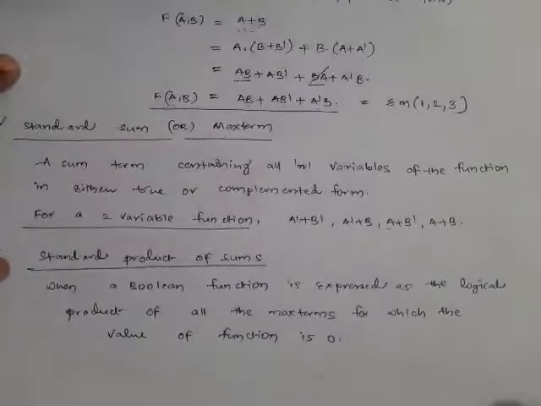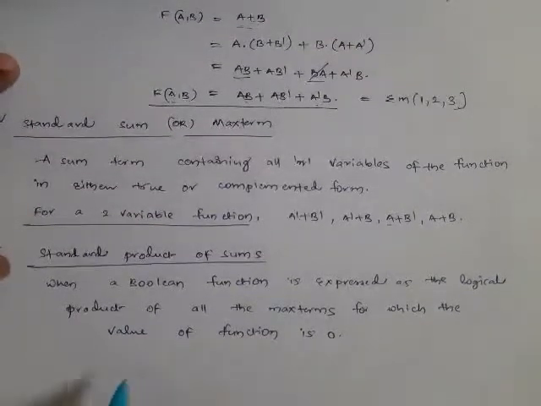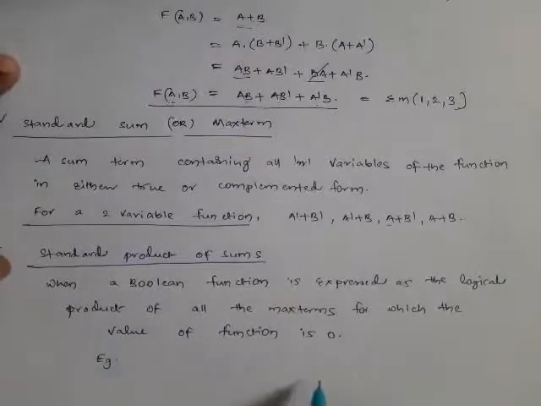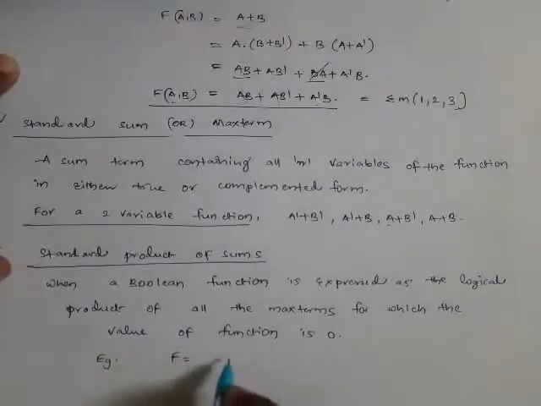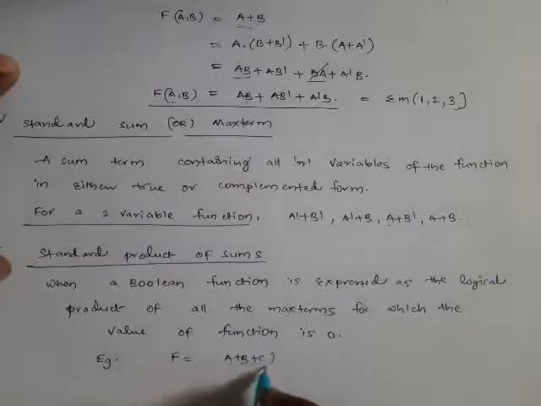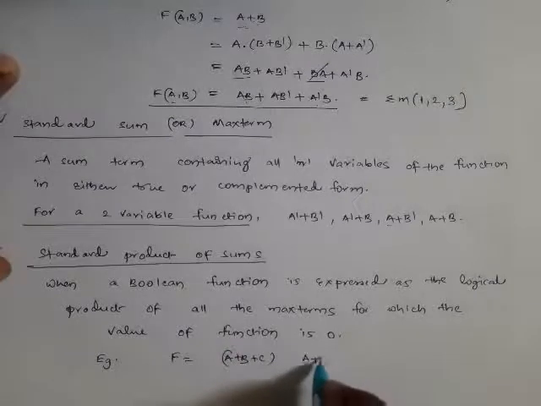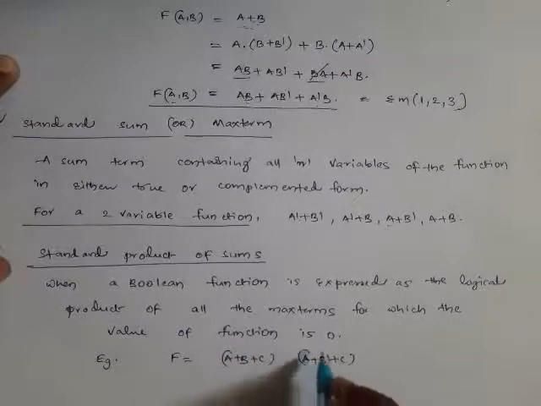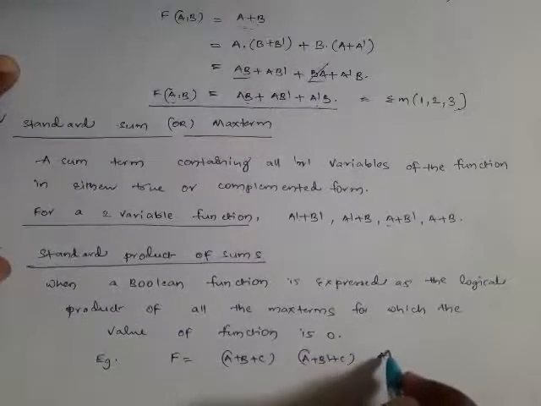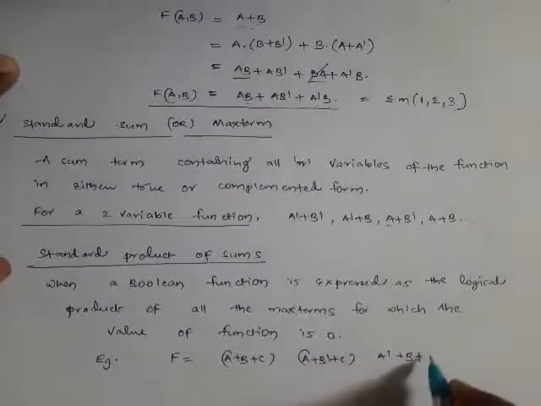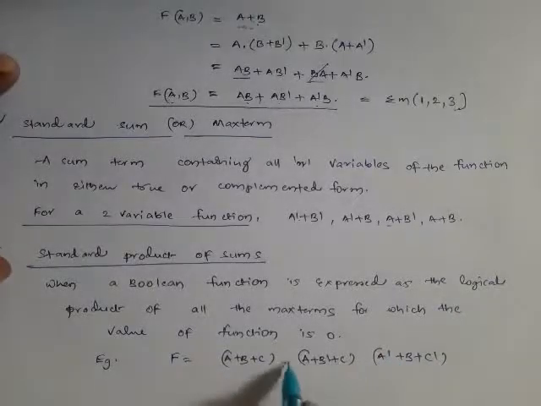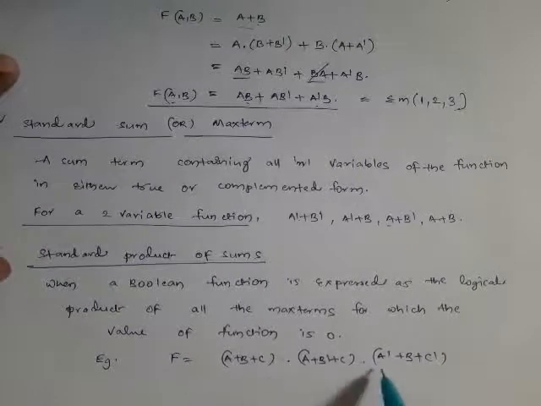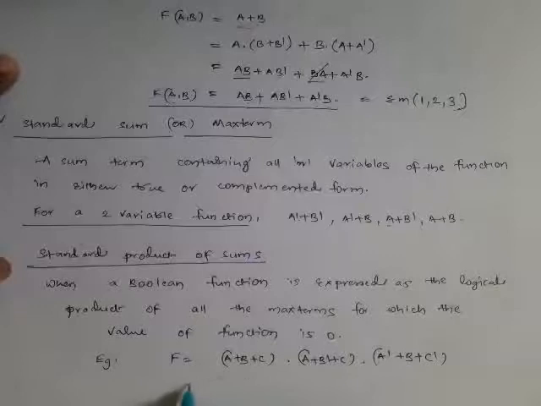If I assume that a function f depends on 3 variables, and its value is 0 for 3 max terms, say a plus b plus c, a plus b bar plus c, and a bar plus b plus c bar, then the function can be expressed as the logical product of these 3 max terms for which the function is 0.